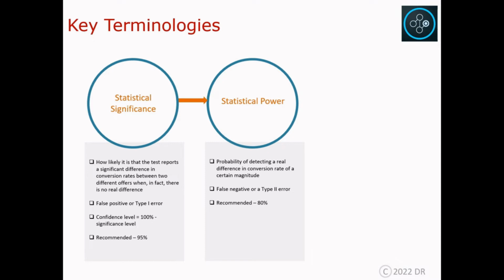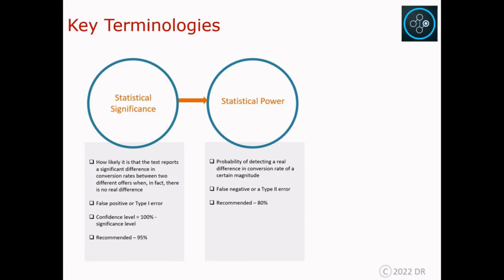So when we say that the statistical power is 80%, it means that the test has an 80% chance of detecting a difference equal to the minimum reliably detectable lift, right? The test always has a lower probability of detecting smaller lifts and a higher probability of detecting larger lifts.